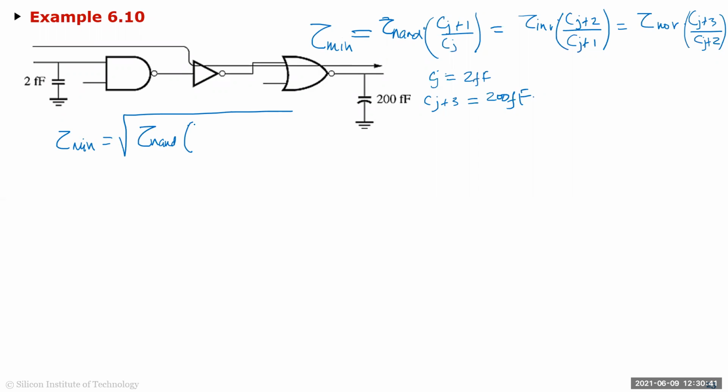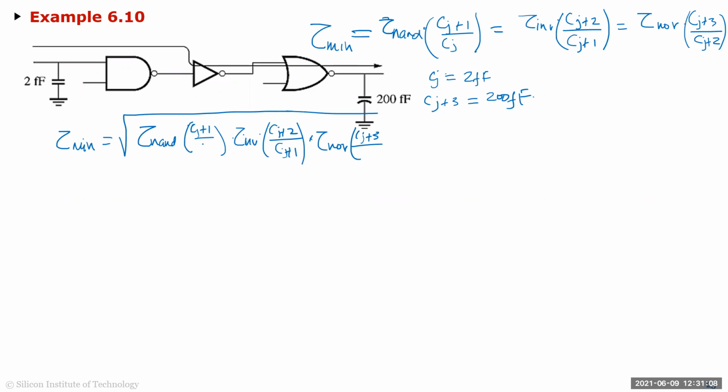just like we did for the inverter: tau NAND times Cj plus 1 over Cj, times tau inverter times Cj plus 2 over Cj plus 1, times tau NOR times Cj plus 3 over Cj plus 2.